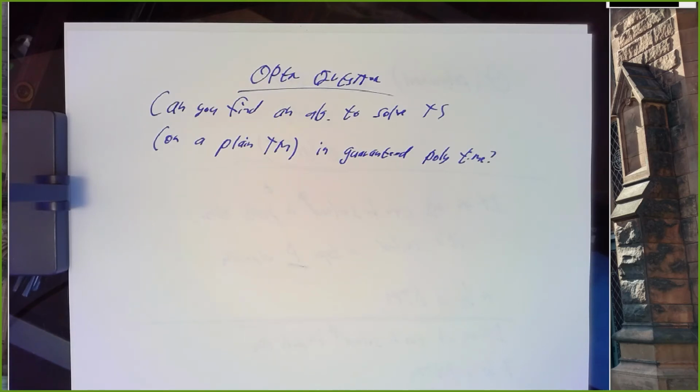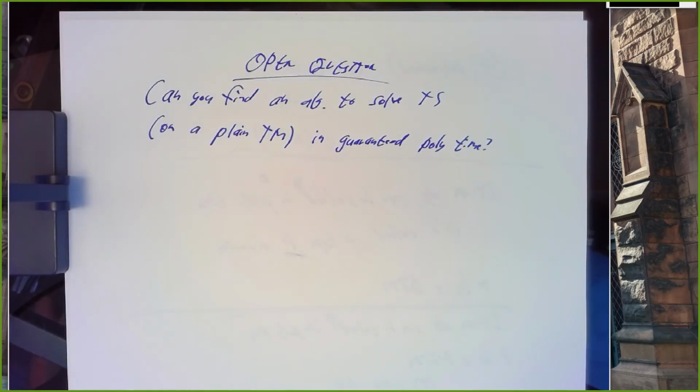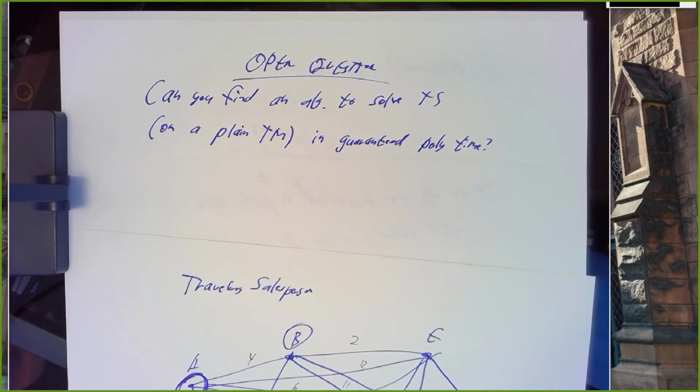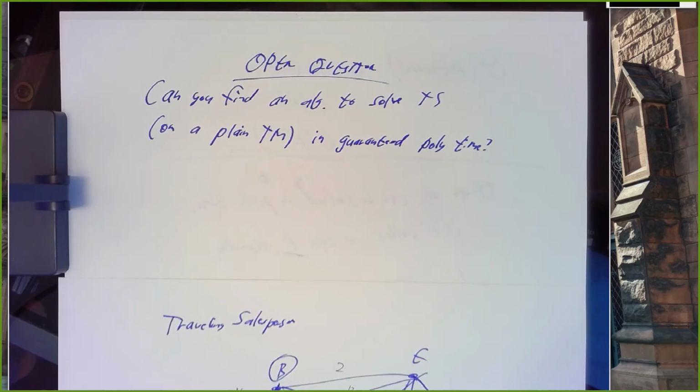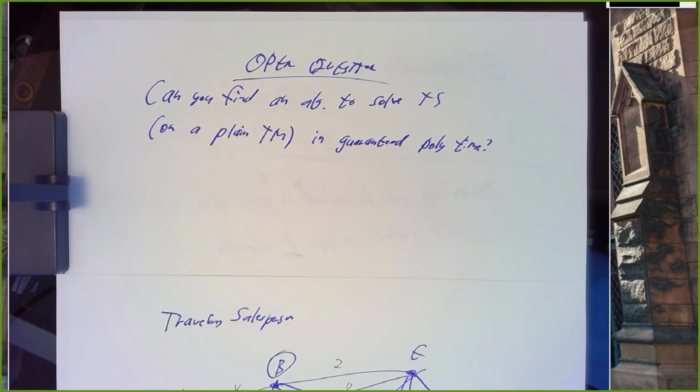Okay, so why is this such an interesting question? Why does this change the world? So this is all in the theory of computation, right? And this is stuff that people with lots of letters after their name spend their days thinking about. We can solve TS in poly time on a non-deterministic Turing machine.